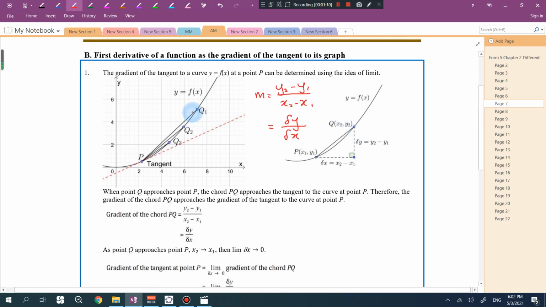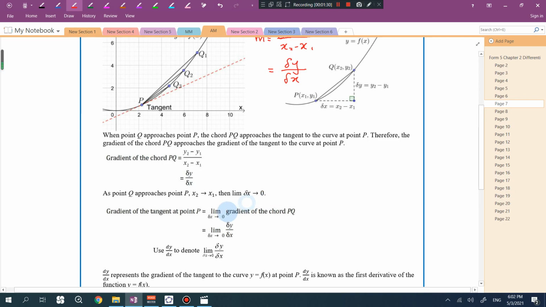Okay, now you try to look at this diagram. When the Q becomes closer and closer to point P, you will notice that the gradient of PQ will become closer and closer to the gradient of the tangent of this curve at point P, right?